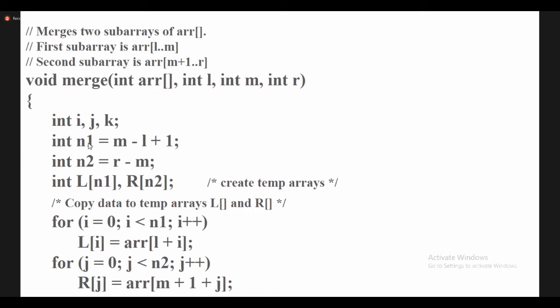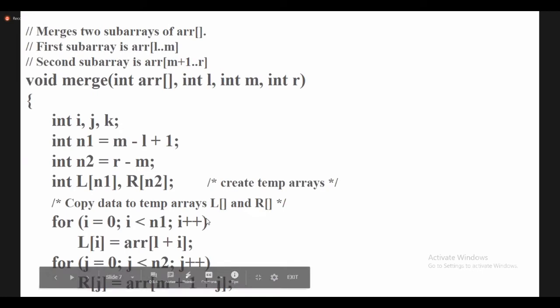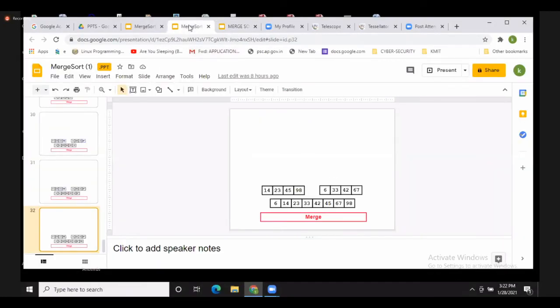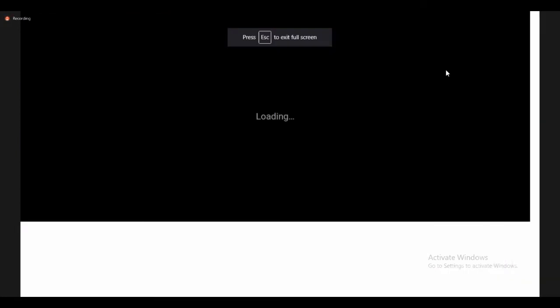N1 is the first list element count, N2 is the second list element count. So int L of N1, R of N2. I declare the two arrays, L of N1 and R of N2. See the example.